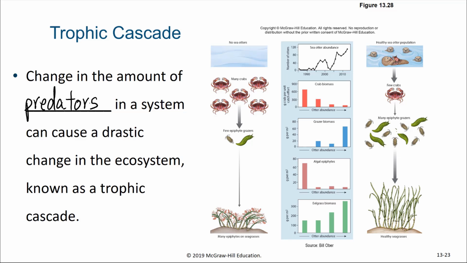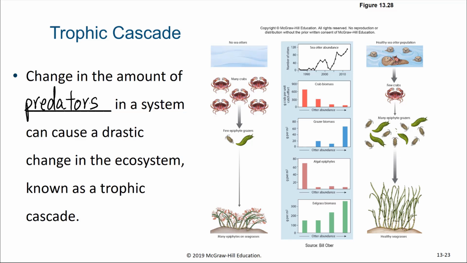In this particular example, in the absence of sea otters, crabs develop. Those crabs feed on the organisms that typically feed on the epiphytes that grow on the seagrass. If there are fewer epiphyte grazers, the seagrass actually becomes encrusted with other organisms that can limit the seagrass's ability to photosynthesize and to be effective primary producers.